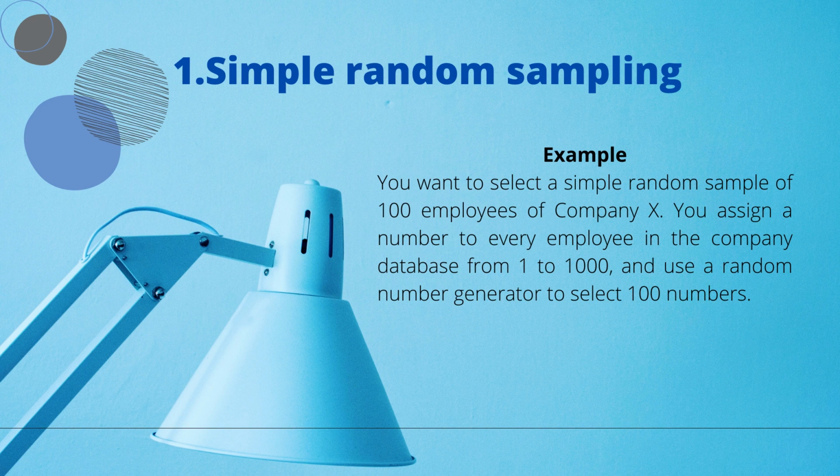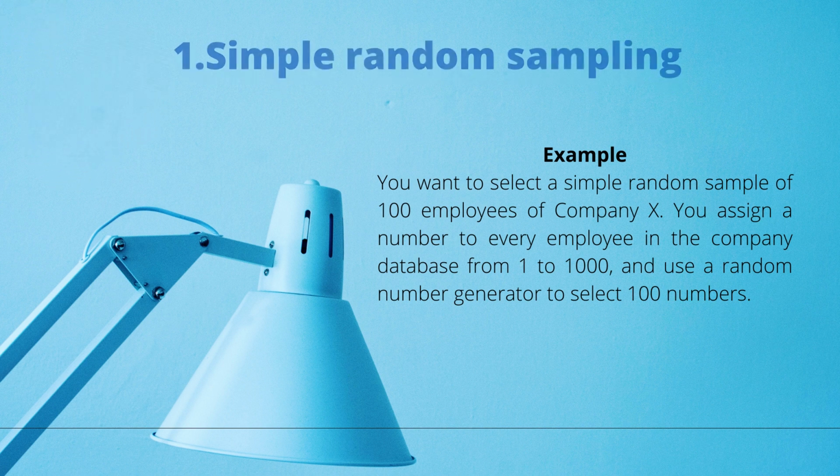So, for example, you want to select a simple random sample of 100 employees of company X. You assign a number to every employee in the company database from 1 to 1000 and use a random number generator to select 100 numbers.